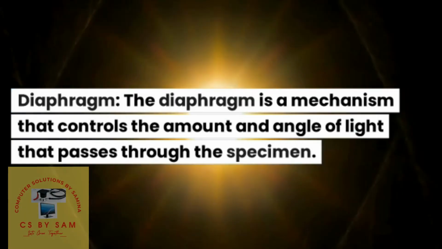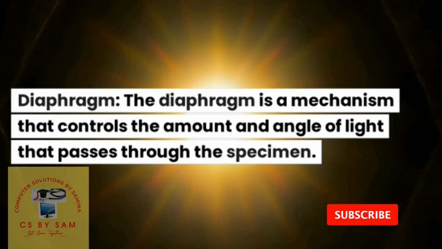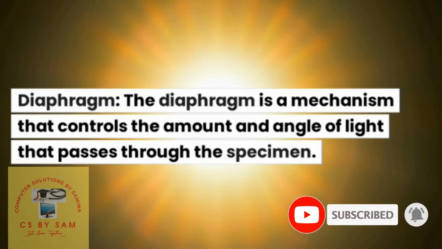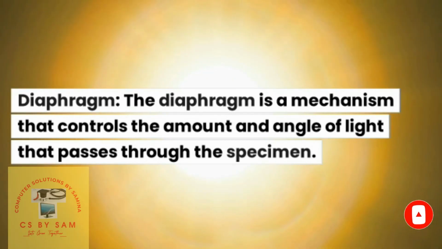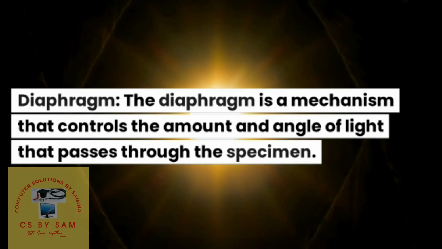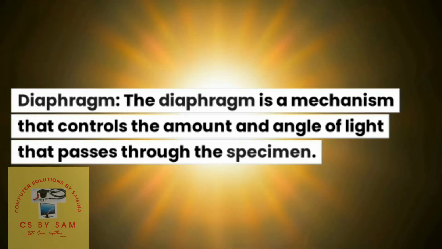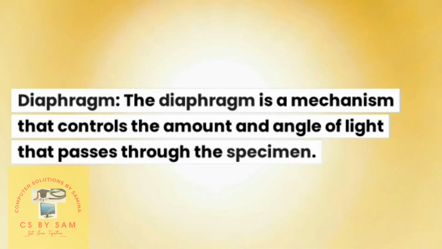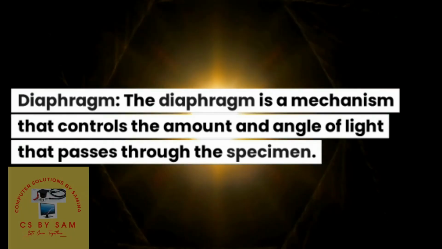light. Then the diaphragm. The diaphragm is a mechanism that controls the amount and angle of the light that passes through the specimen. We can use the diaphragm to control the intensity of light.